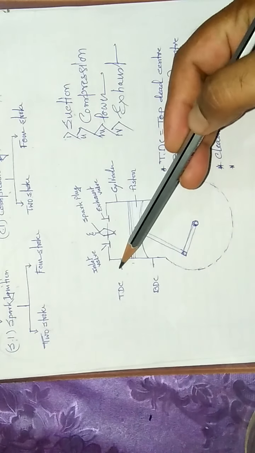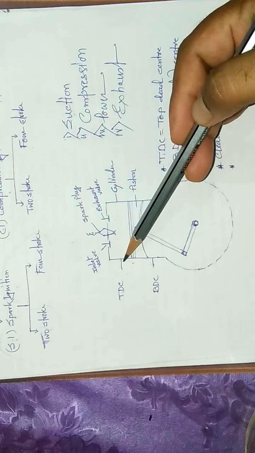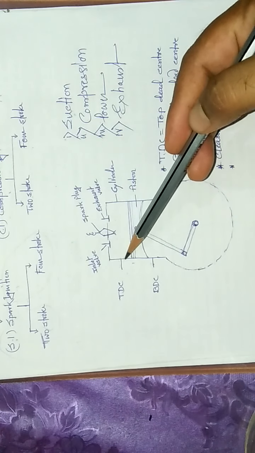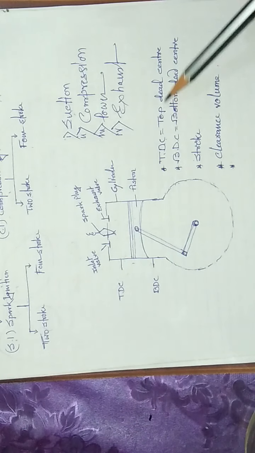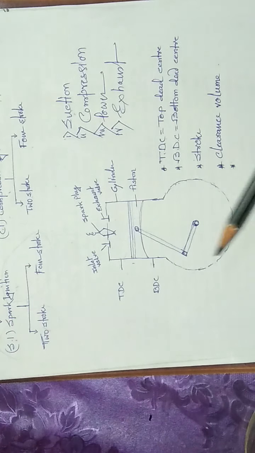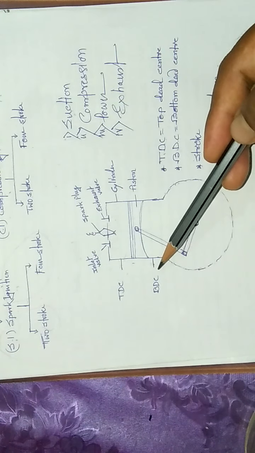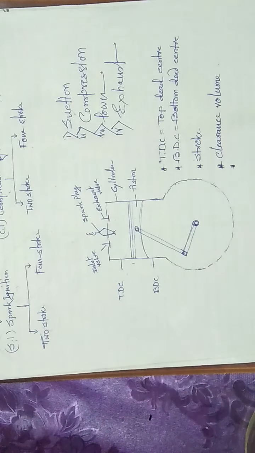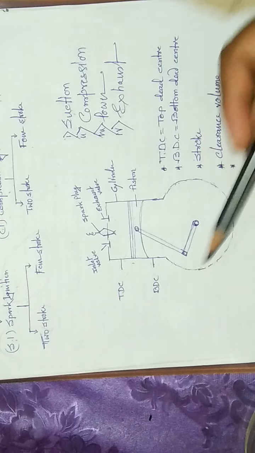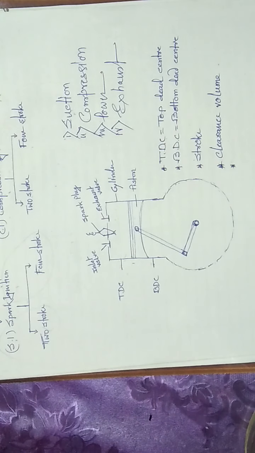The upper limit point of the cylinder where the piston will stop is called TDC, top dead center, and the lower limit point where the piston will stop is called BDC, bottom dead center.